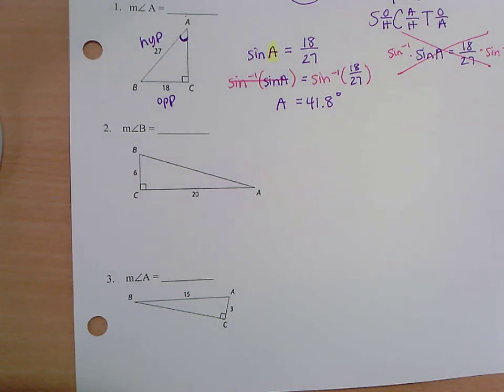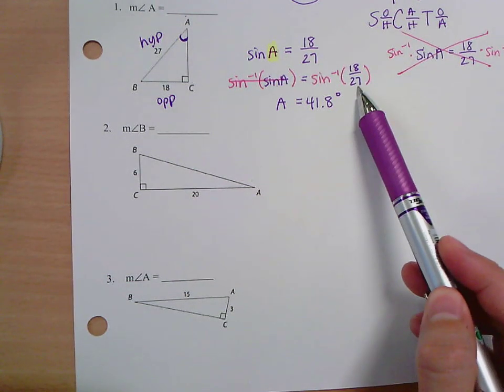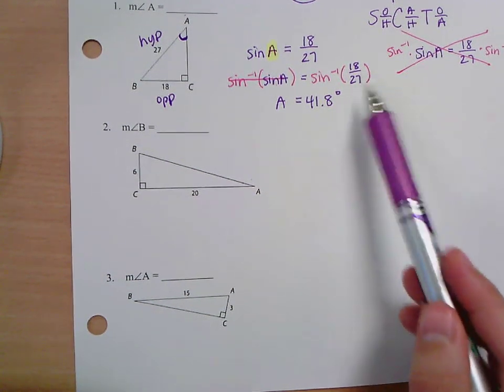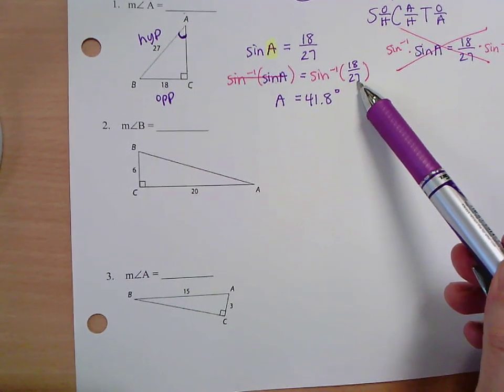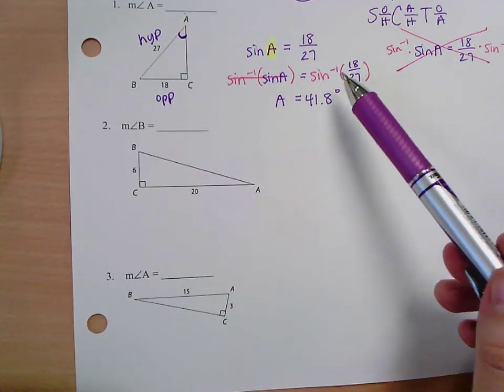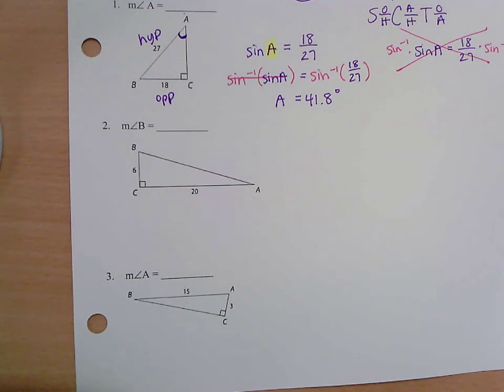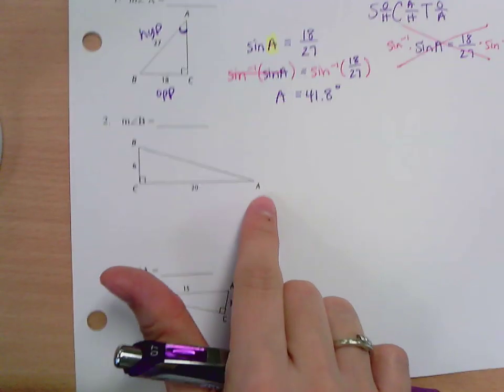Okay, some of you had calculators where you had to type the angle in first and then hit sine, like you have to type in this part first. If that's you, type in 18 divided by 27, hit enter, and then do shift sine for the inverse. I want to go through one more, and then number 3 I'll leave for you, and I'll walk around. So if you do have calculator issues, let me know.